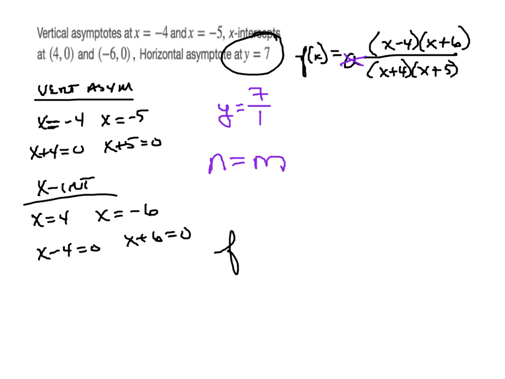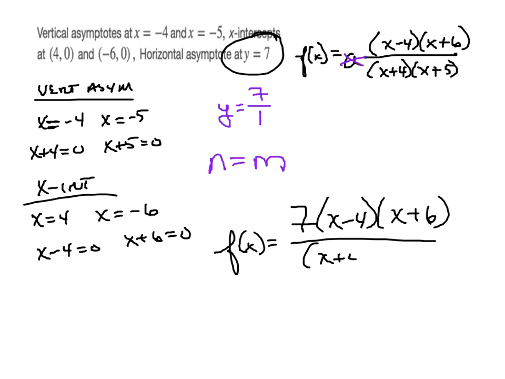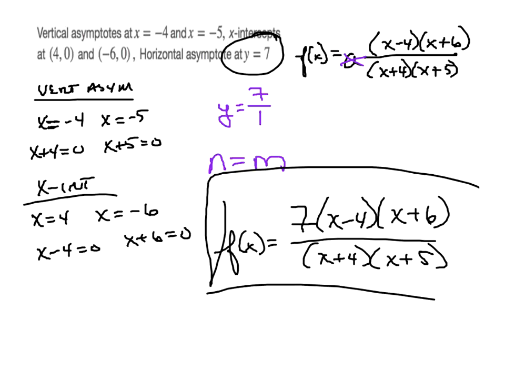So that's my stretch factor. That had to have come from there. So I know that my function is 7 times x minus 4 times x plus 6 over x plus 4 times x plus 5.